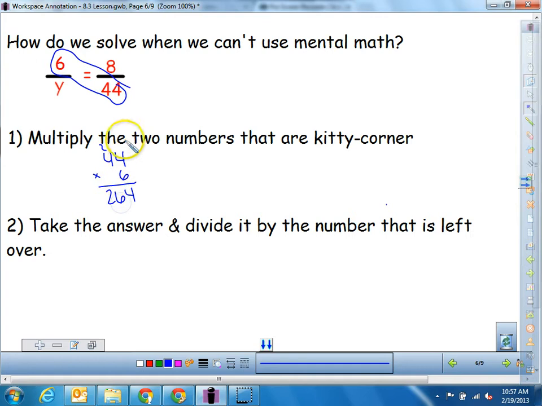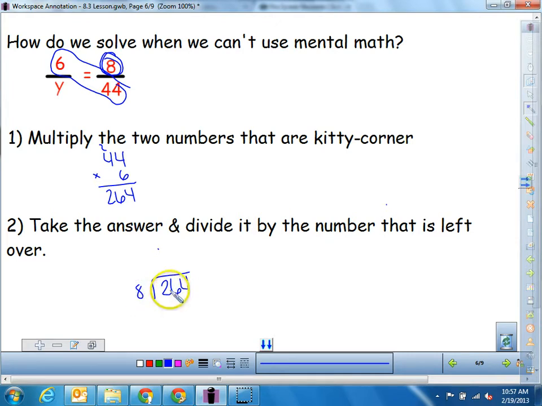So I get 264. So my first step is to multiply whatever is diagonal. And then what I need to do is take this answer here and divide it by whatever number is left out. We have not used this 8 yet. So I'm going to take 264 and I'm going to divide it by 8.